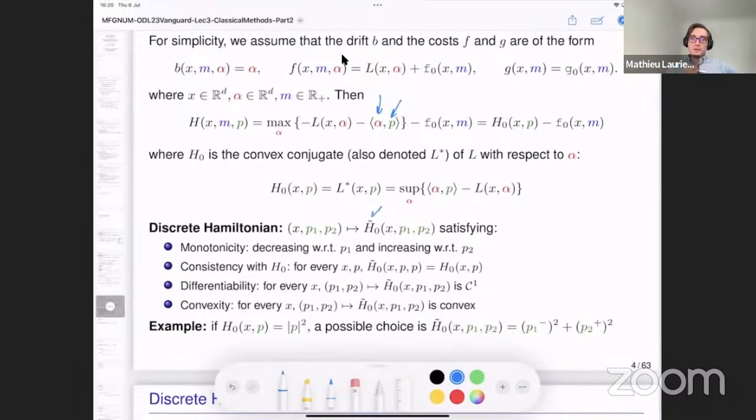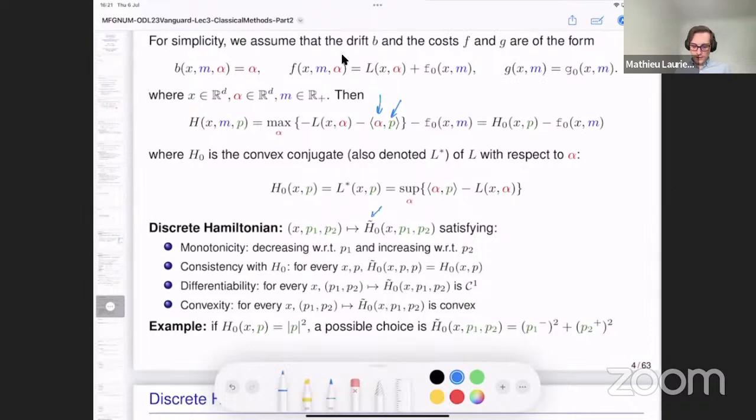The discrete Hamiltonian, we are going to assume that it satisfies some properties, and I give an example below. So in particular, it should be monotone, consistent with h0, differentiable, and also convex. Of course, for this we make the assumption that H is convex, and so in that case we can find an h tilde 0 which is convex.